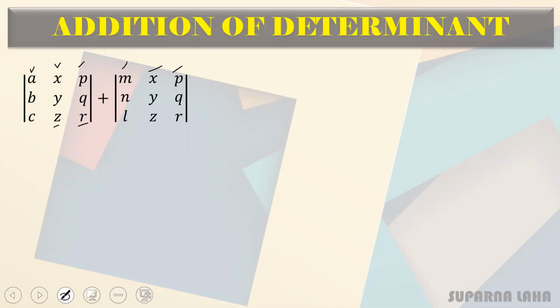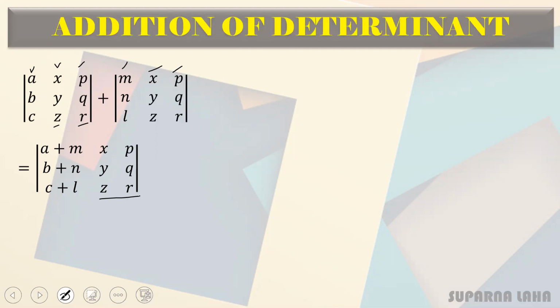So the rule for adding these two determinants is A plus M, X, P; B plus N, Y, Q; C plus L, Z, R. We add the first elements, since the remaining terms are the same and stay the same: A plus M, B plus N and C plus L.